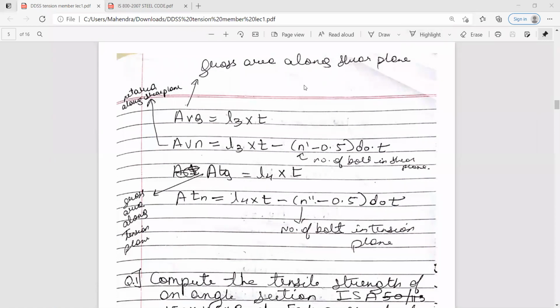Okay, do it fast. ATN is the net area along the tension plane. Note down ATN, your net area along the tension plane.